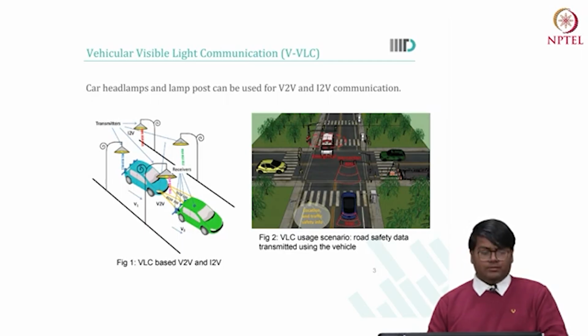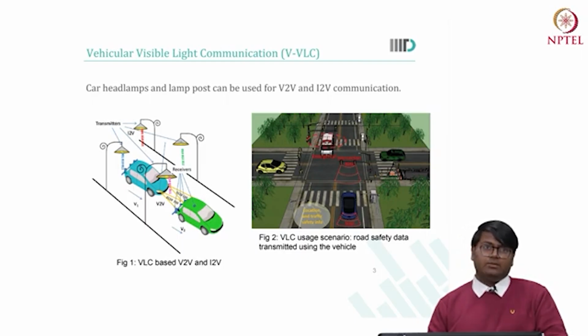Now we see a practical use case scenario of vehicular VLC. Road safety is a major issue, more importantly at accident-prone scenarios, for instance road intersection scenarios, where a high percentage of traffic accidents often occur.